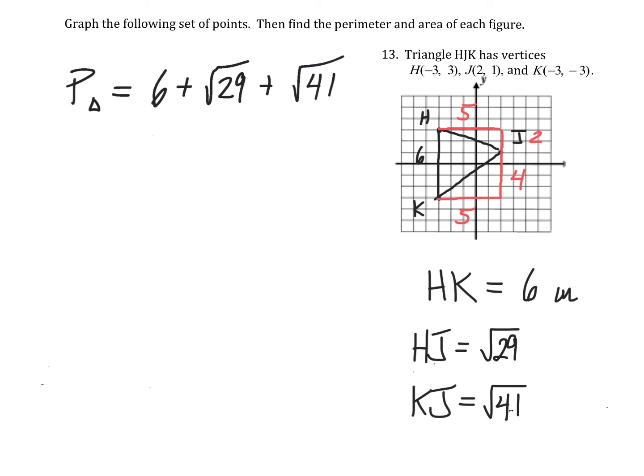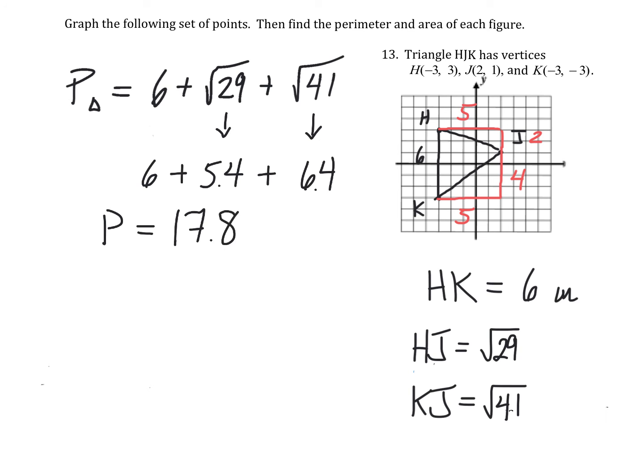So what I'm going to do is change those two square roots into decimals. For the square root of 29, I end up with 5.4. And for the square root of 41, I end up with 6.4. Now I can add up my three sides, which gives me 17.8 units.